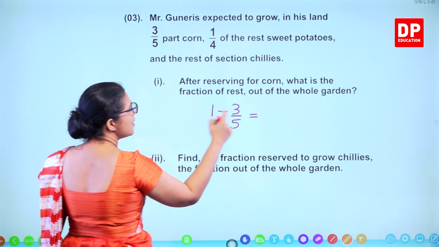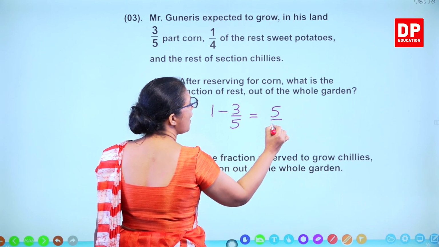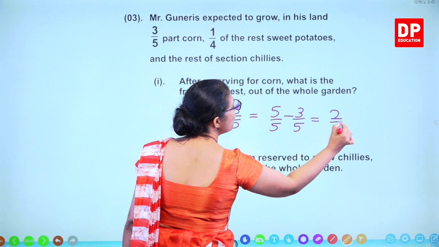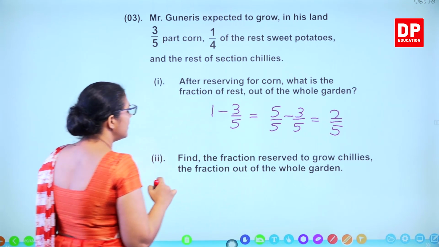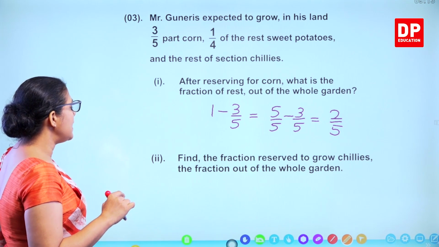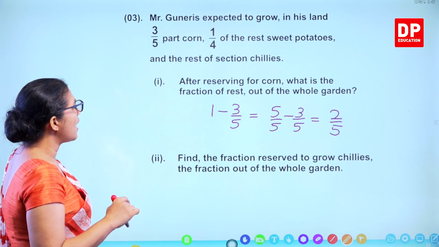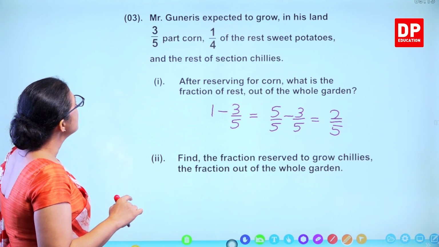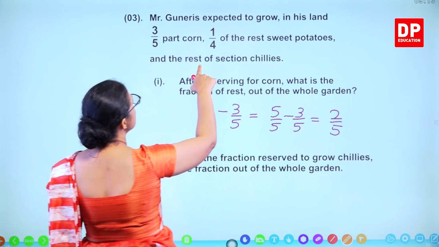So here 1 I can write as 5/5 minus 3/5. That's 2/5 of the land. Then find the fraction reserved to grow chilies, the fraction out of the whole garden. So chilies is the rest of this.